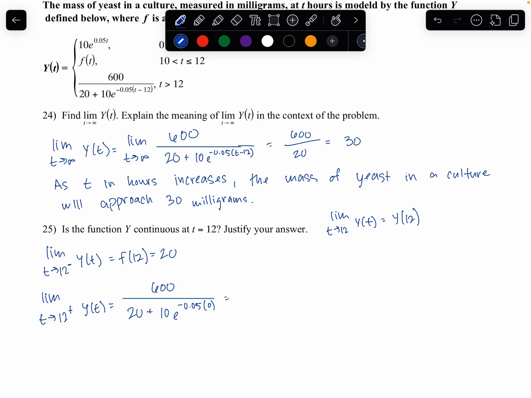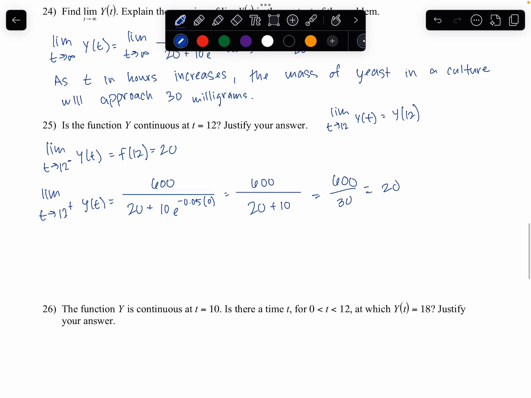Then that's equal to 600 over 20 plus 10, because e to the 0 is 1, and 1 times 10 is 10. So this will be equal to 600 over 30, which will be equal to 20.